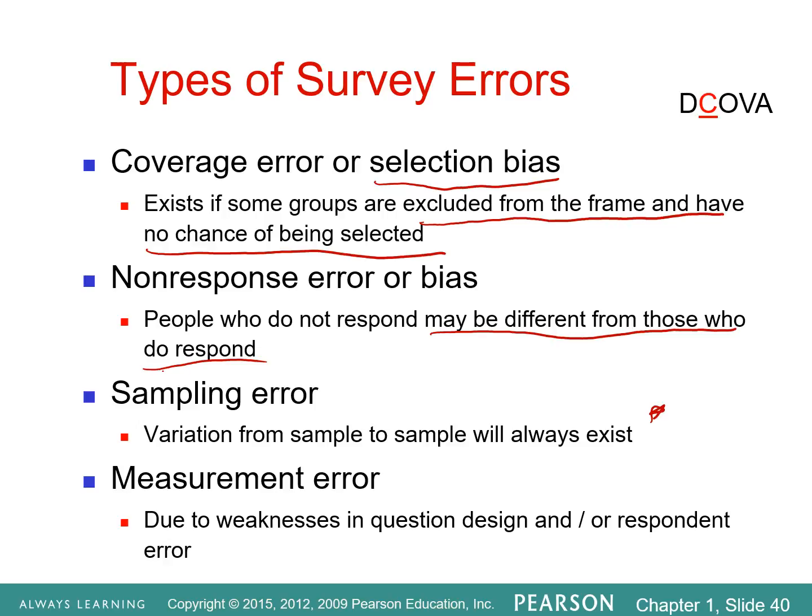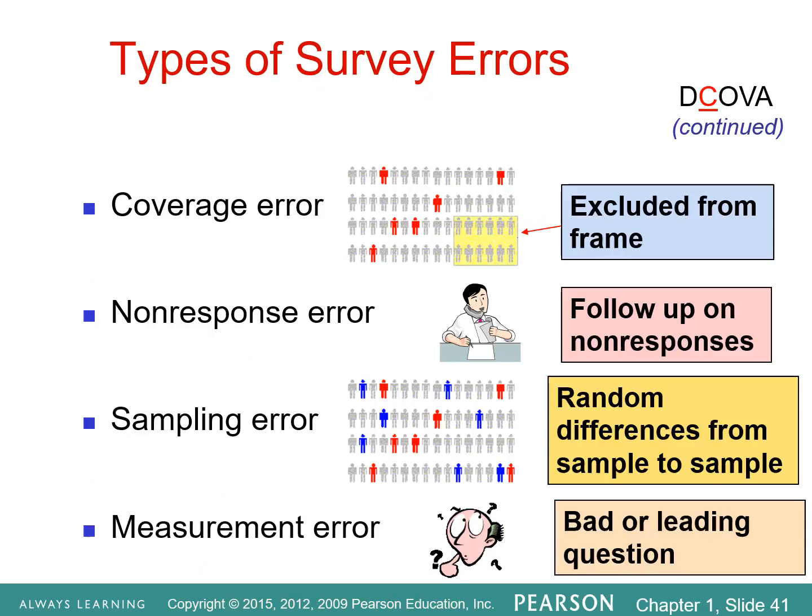Measurement error is typically due to weakness in the question design, or the respondents didn't answer correctly, or were in a hurry, or just checked all of the A's and really weren't responding. So mostly due to weakness in the question. The question's too broad, it's not specific enough, the objective is not clear, the definitions aren't clear, and so it's hard to frame the question.